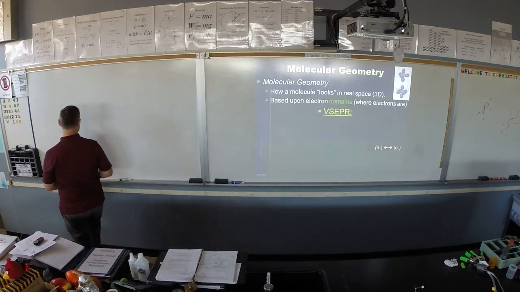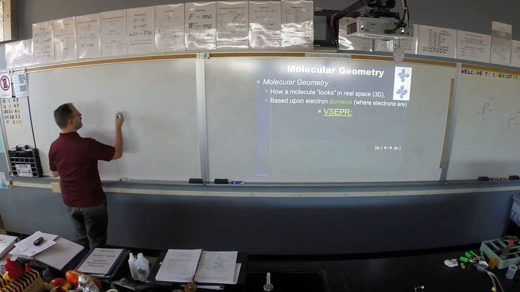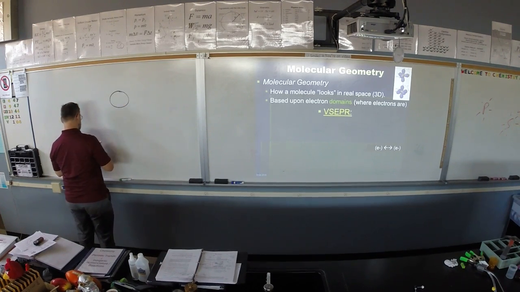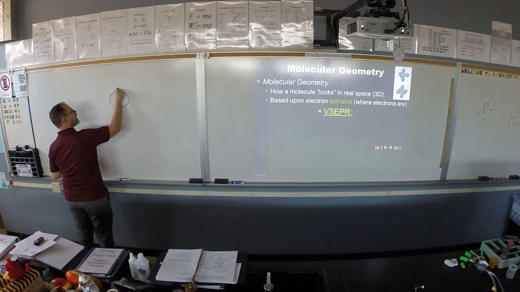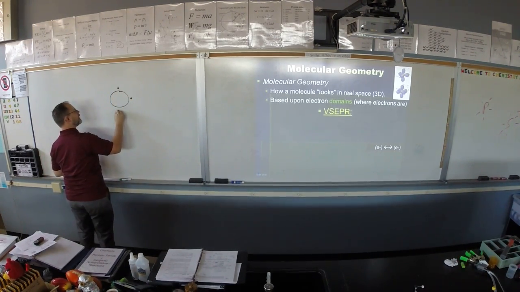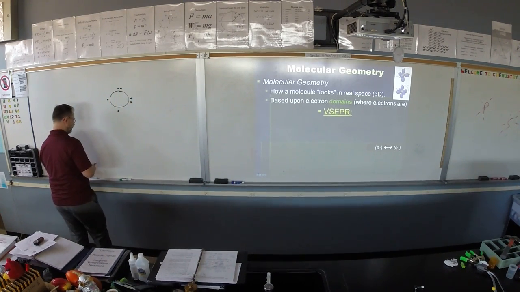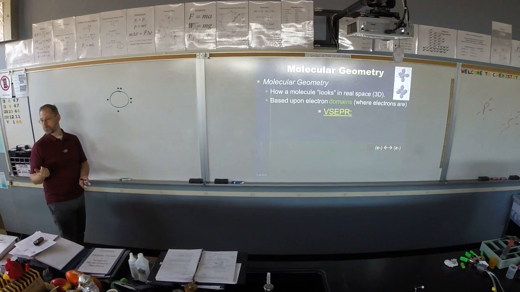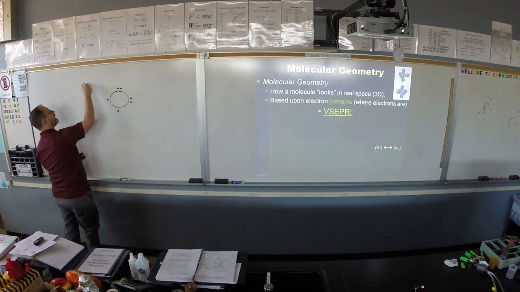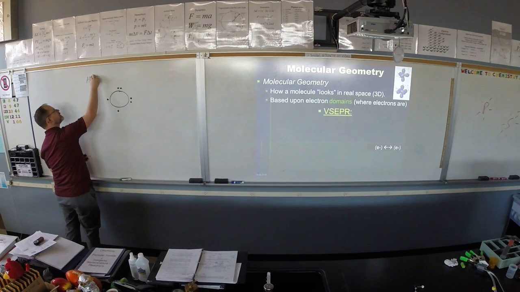So if we were to draw water, we would remember that water is an oxygen, and oxygen has 1, 2, 3, 4, 5, 6 electrons. Right? Remember this? And then hydrogen has, of course, 1 each.